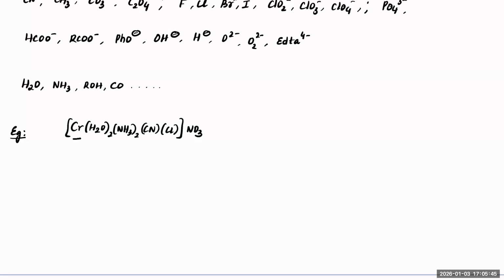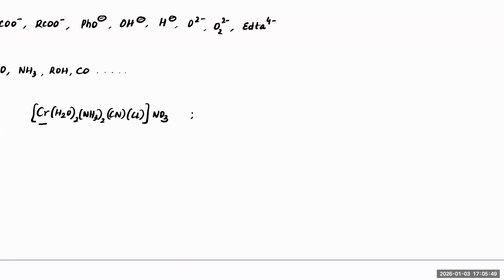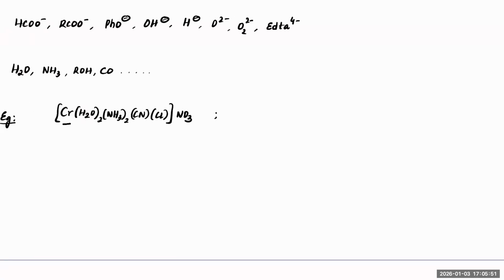Understood, son? So first you separate them into ions. It can be written as [Cr(H2O)2(NH3)2(CN)Cl] with overall charge plus 1, and NO3 will be minus 1.